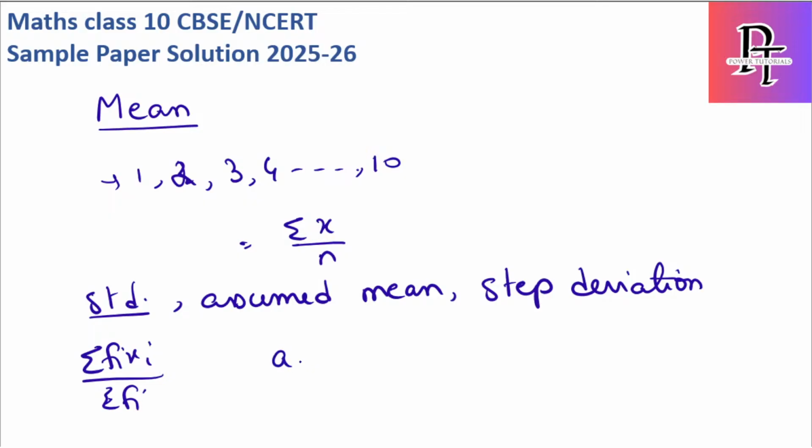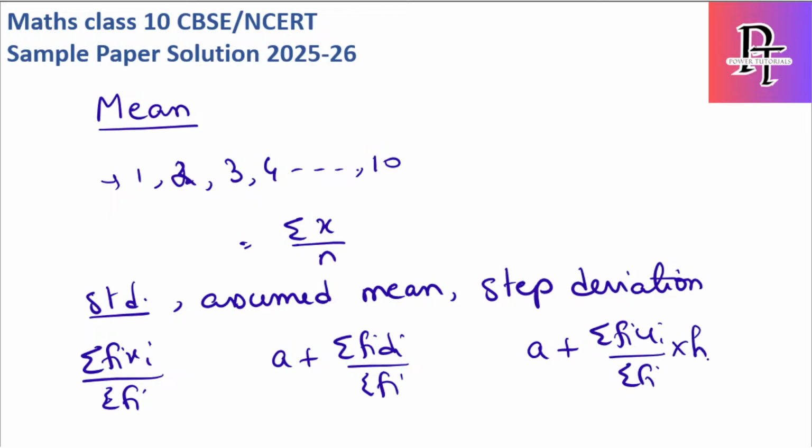For the assumed mean method, the formula is a plus sigma fi di by sigma fi. For step deviation, the formula is a plus sigma fi ui by sigma fi, into h. Here d is xi minus a, where a is the assumed mean, whereas ui is xi minus a by h.